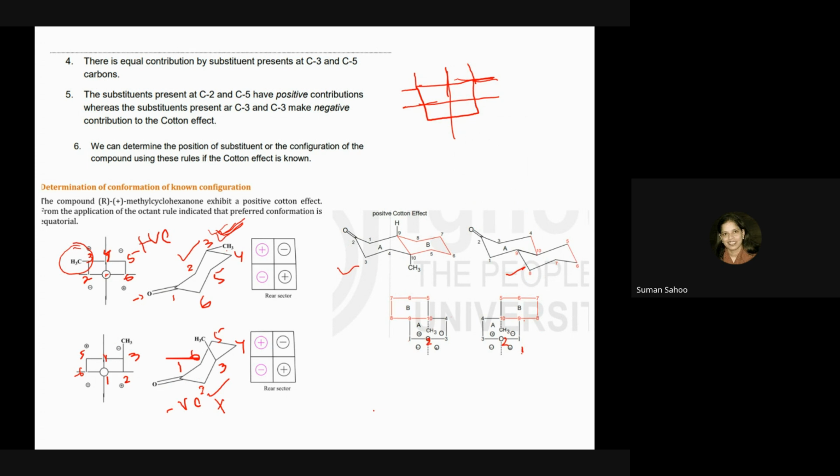Actually this one should be viewed from a different direction, but anyway, the figure is given like this. So this is 2, and 1 is on the right hand side, and 3 is on the left hand side. So we can see that this moiety, the next carbon, the ring B, is present in the negative quadrant. So this one would give you a negative Cotton effect. As this compound gives a positive Cotton effect, the conformation should be this one.